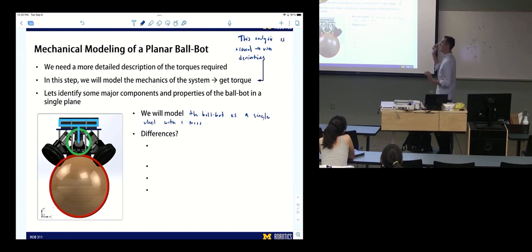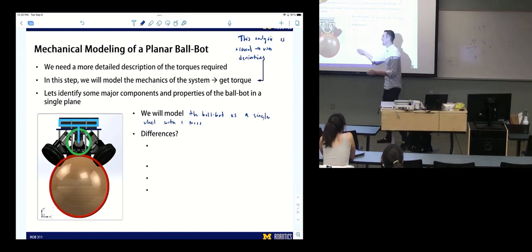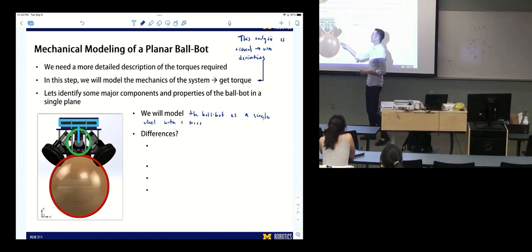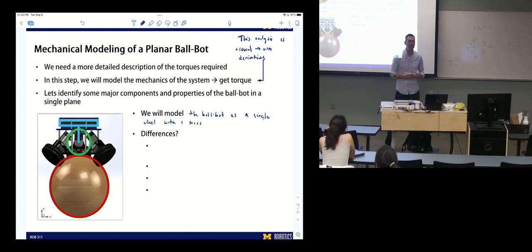In the single plane version, there's no possibility for that. It's not included in the model. Think about the effort required by this green wheel compared to the effort required by those 3 wheels. Friction? There could still be friction.